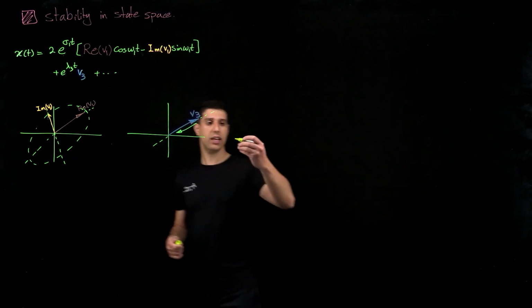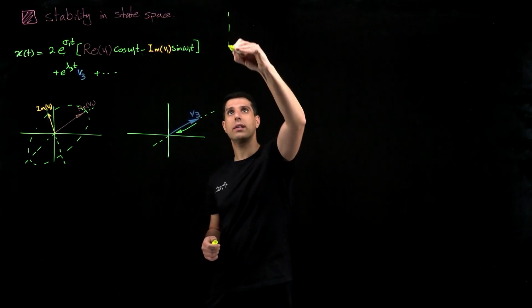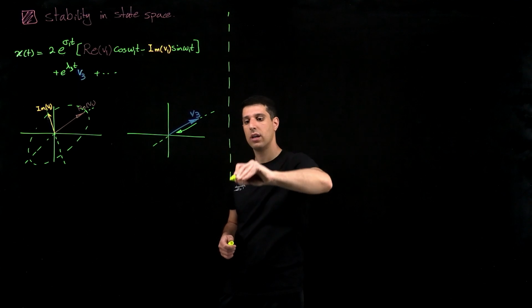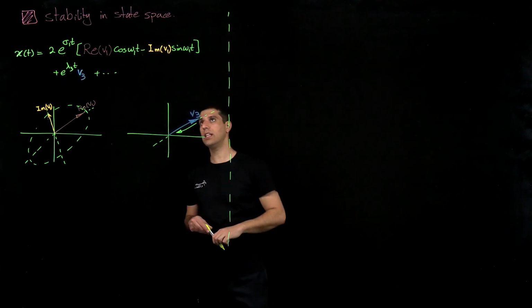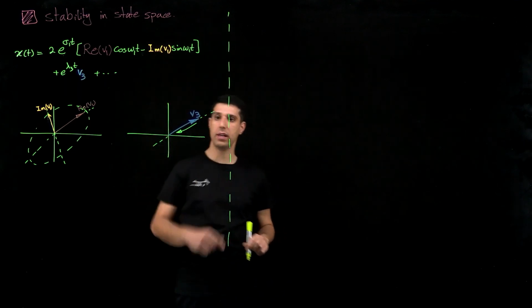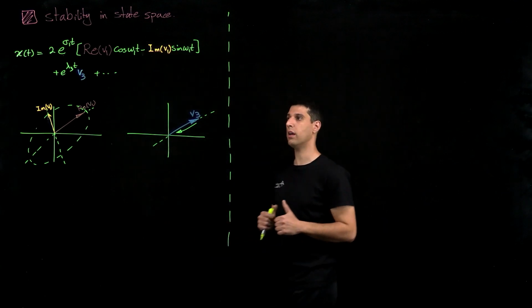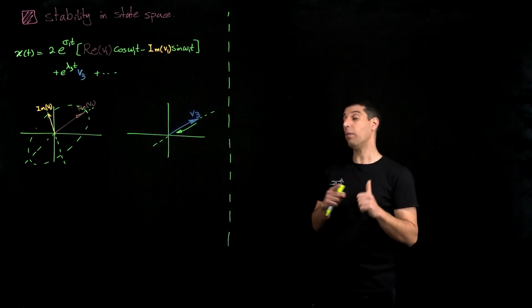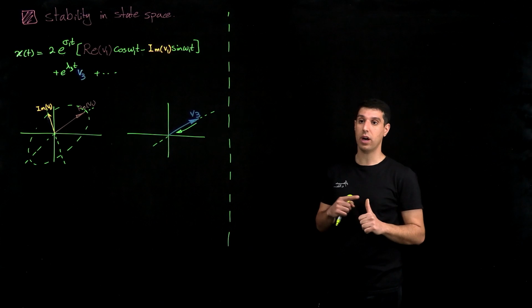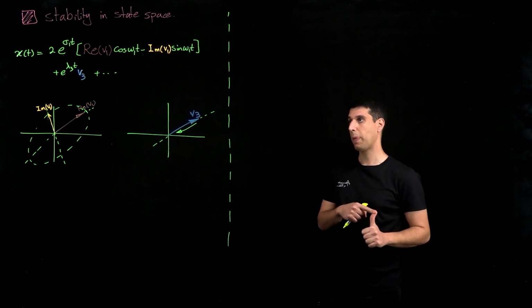And the last item on my list begs the question. We have seen the stability in the state space determined by the real part of the eigenvalues, which must be negative.